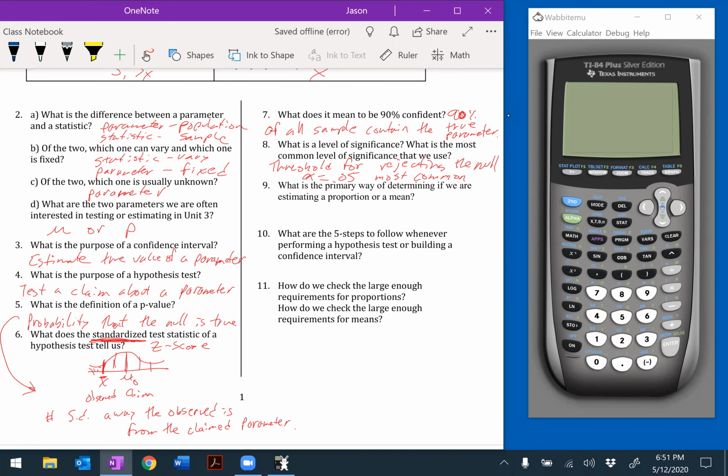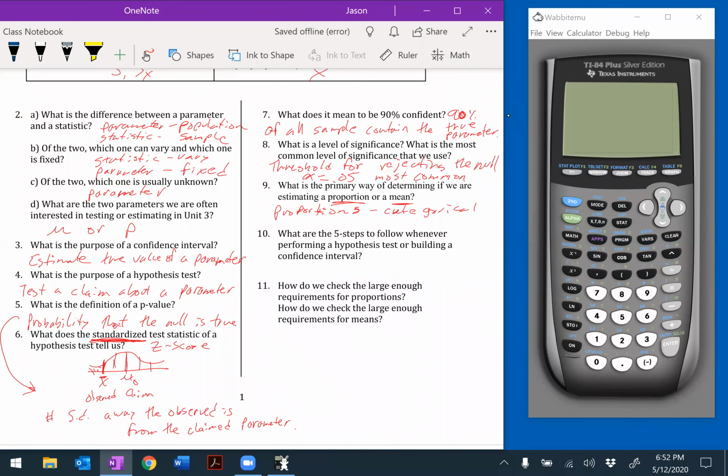What's a primary way of determining if we are estimating a proportion or a mean? Okay, proportions generally are categorical.